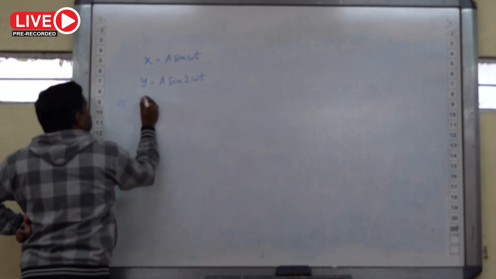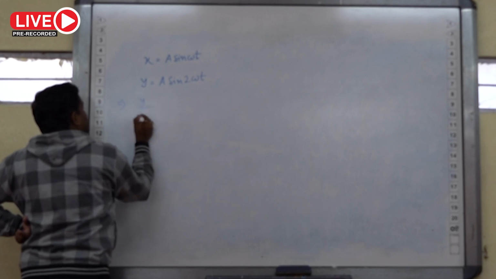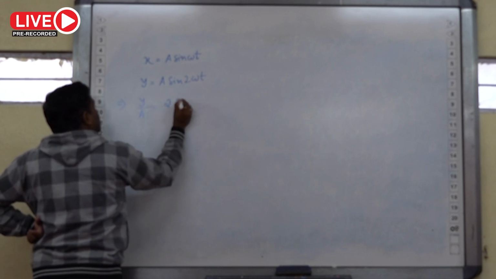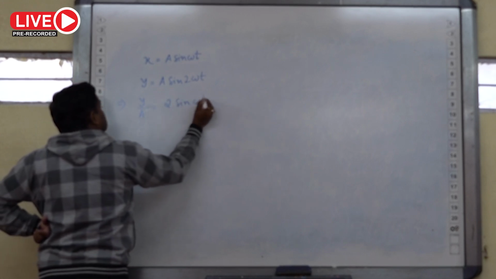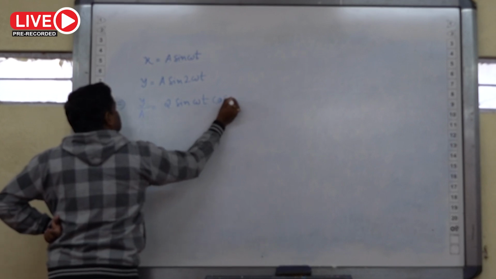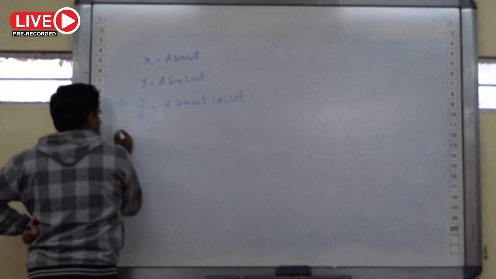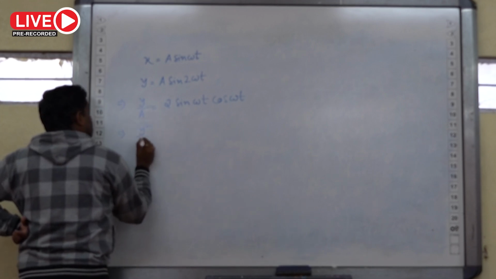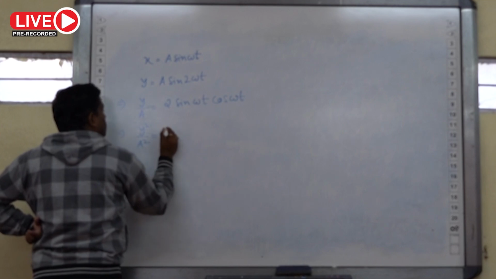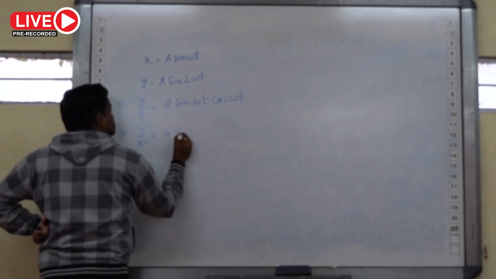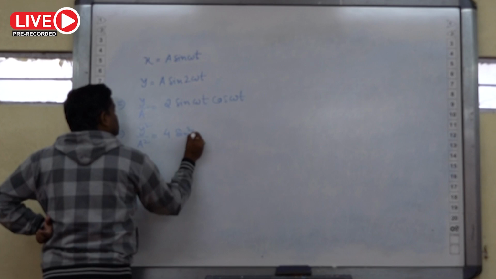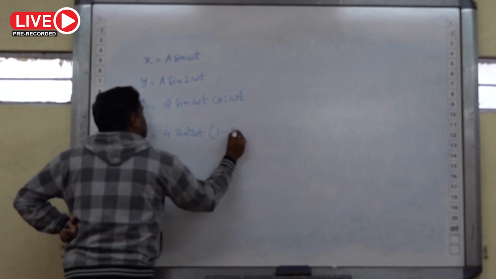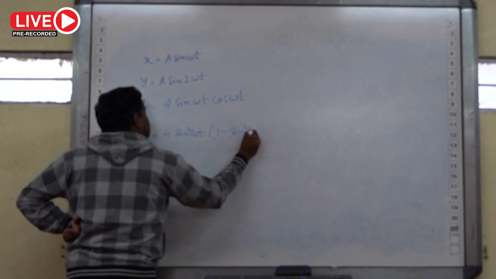So y by A is equal to 2 sin omega t cos omega t. Then y square by A square equal to 4 sin square omega t into 1 minus sin square omega t.